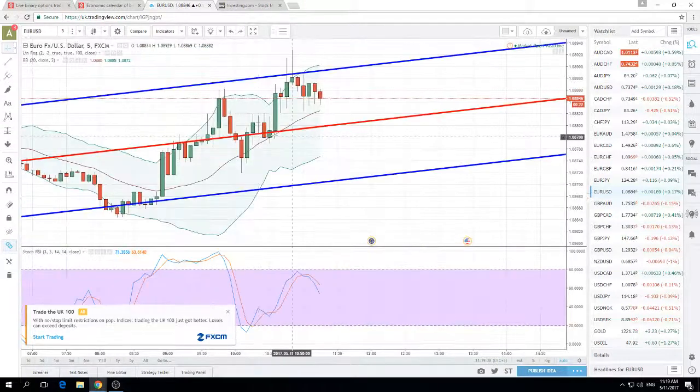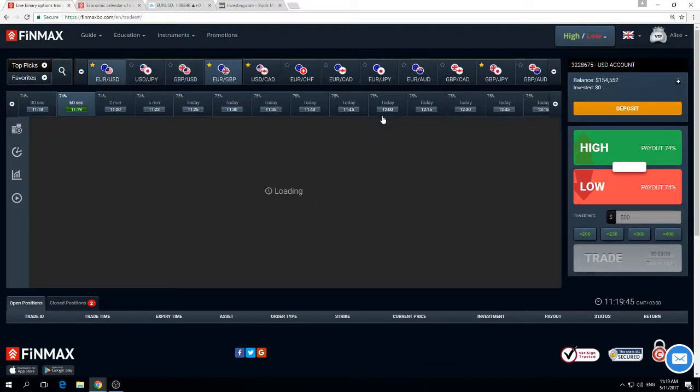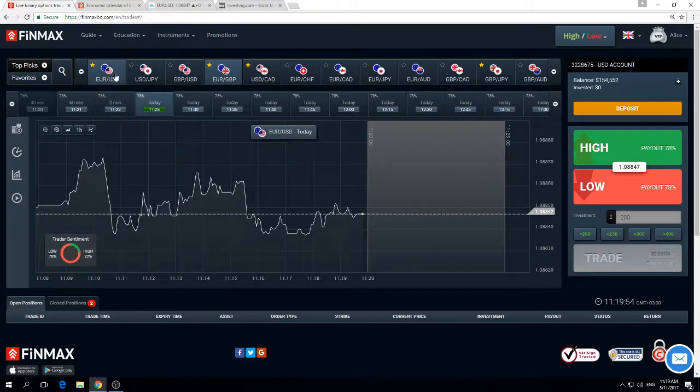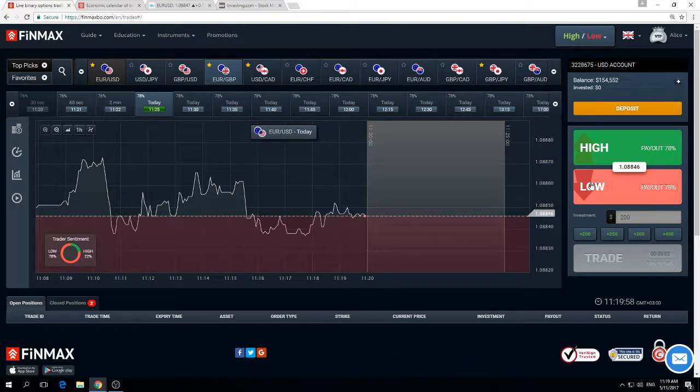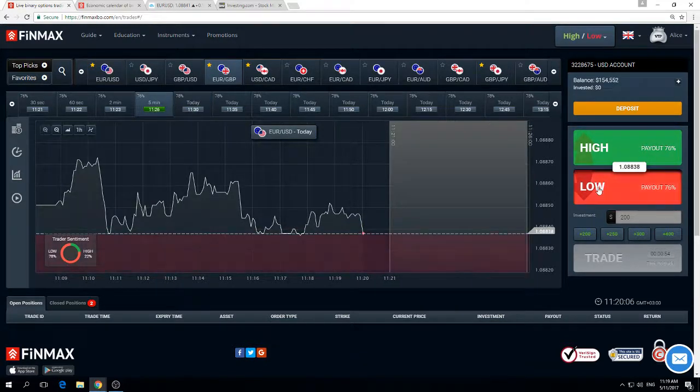That's what I see here. Even for 5 minutes I would enter. So I'm entering here the euro to American dollar for 5 minutes for low. Please always check the time frames that you are planning to use because they can change.